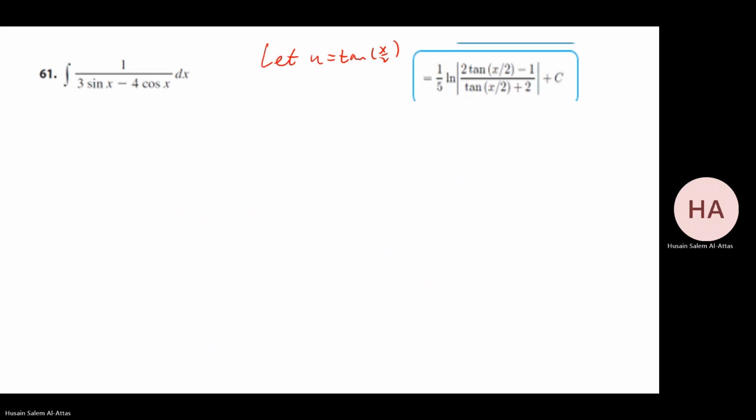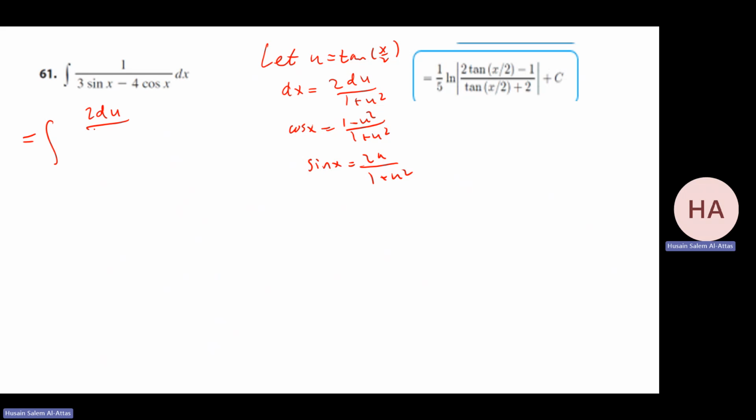I have dx is 2 du over 1 plus u square, cosine x is 1 minus u square over 1 plus u square, sine x is 2u over 1 plus u square. Plug these things here.